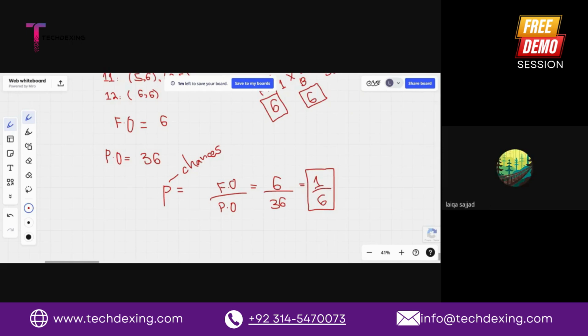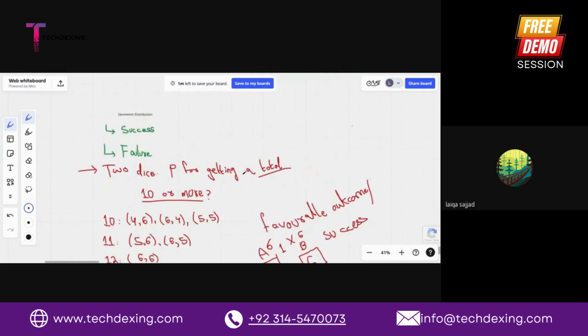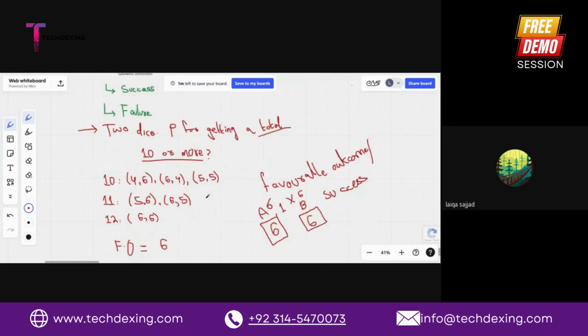Making sense? Okay. And how do we write the probability of failure? We represent it as Q. And what's the failure for us in this given scenario? If we are looking for a total of 10 or more, what will be the failure for us then?